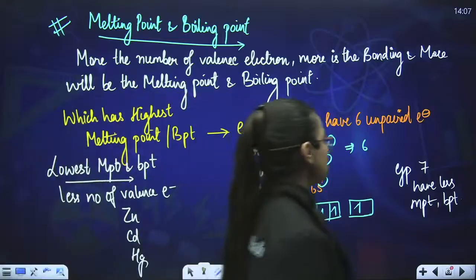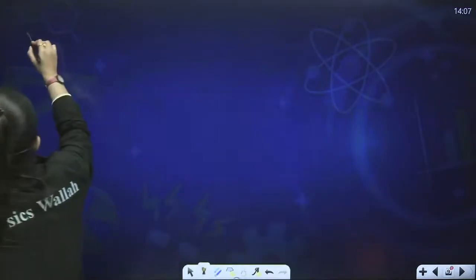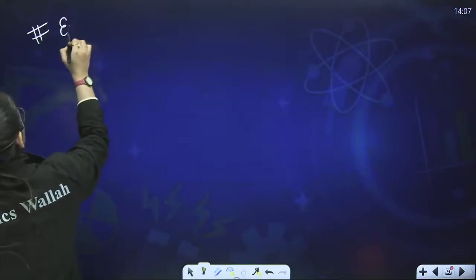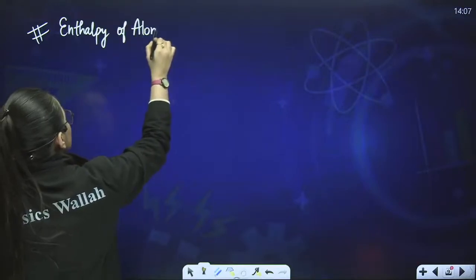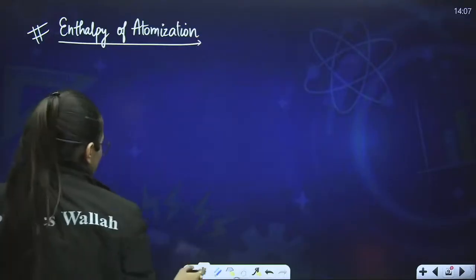Now the next property, students, comes out to be enthalpy of atomization. Now, what do you refer to as enthalpy of atomization? First of all, understand what is atomization.